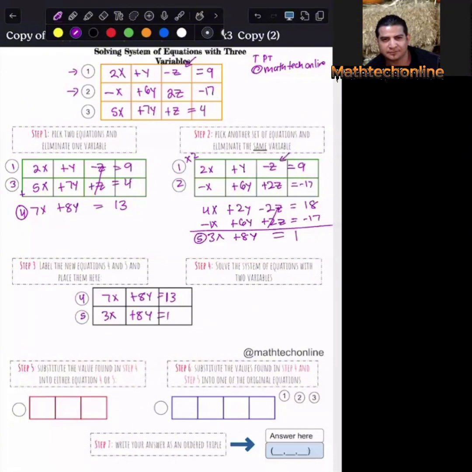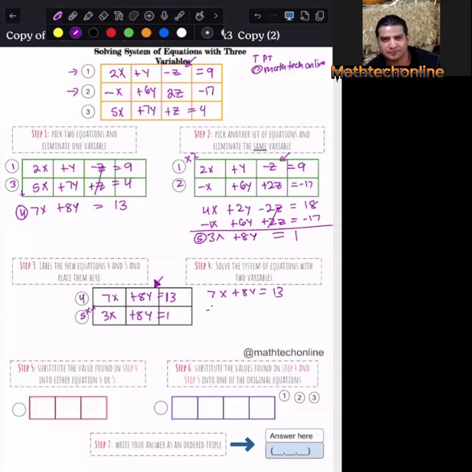I'm starting to like this because now I can see the y's here that I can eliminate. This becomes a system of equations with two variables now. You have x and y. So we're going to multiply the bottom equation by negative 1. I'll rewrite 7x plus 8y equals 13.